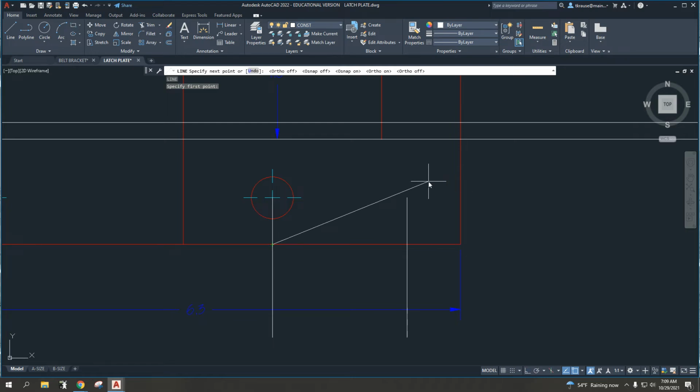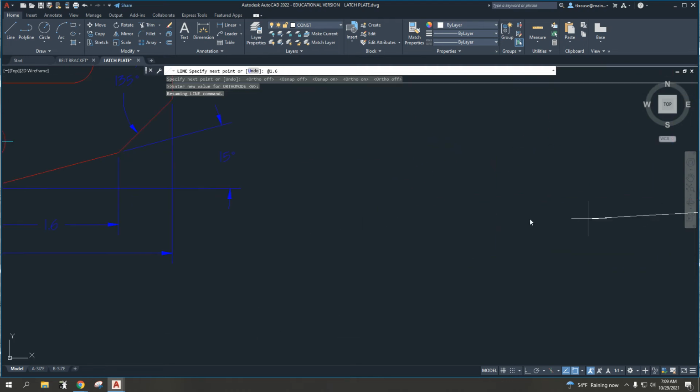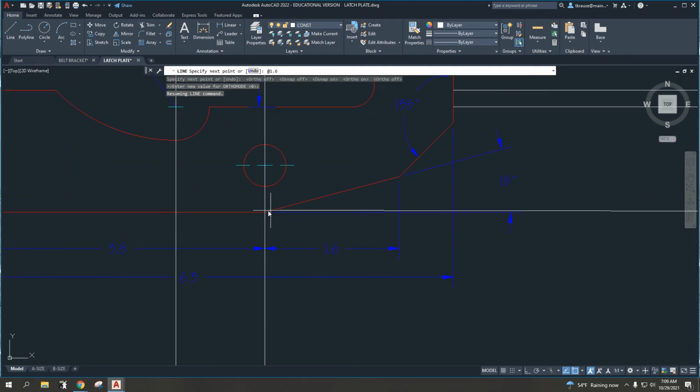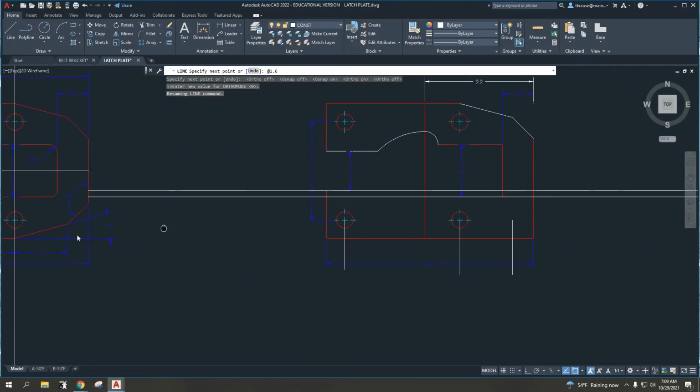And if you remember from a previous video, if we want to do direct distance entry, to tell the software how long to draw a line and at what angle, we're going to do Shift 2, so the @ symbol. And in this case, I'm going to put in 1.6. Okay, 1.6, again, is the dimension of the length of the line, except that length is measured horizontally. This line is at an angle.